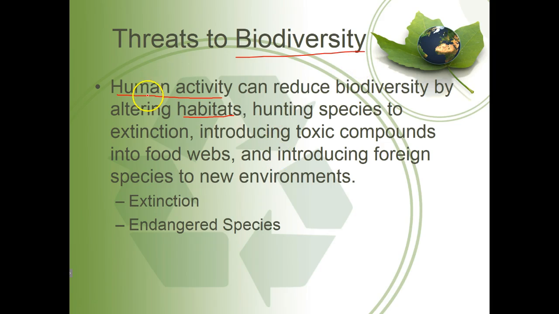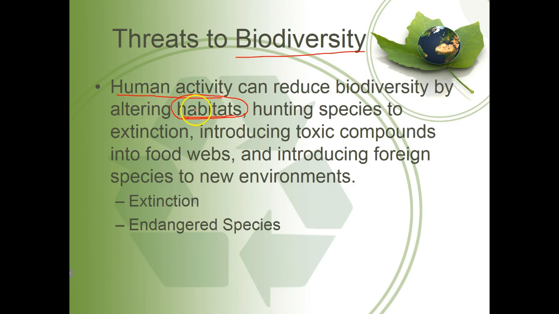So, altering habitats, that could be things like deforestation so that we produce not only residential areas but also new city areas. Hunting species to extinction, that could be things like ivory, the whole ivory black market trade. Introducing toxic compounds is obviously pollution.